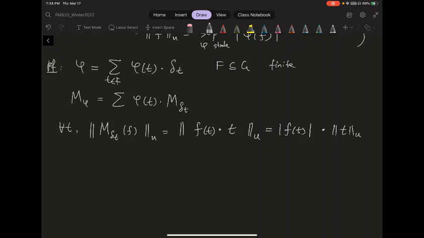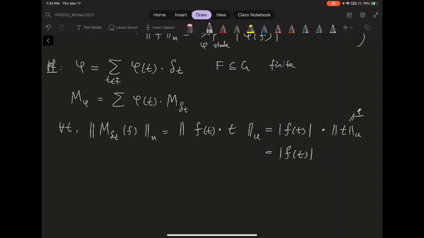But no matter which unitary you take, the norm is always equal to 1, okay? So it doesn't really matter which unitary representation you take. So this norm is always equal to 1. So this norm is really easy to compute. This is f of t, okay?